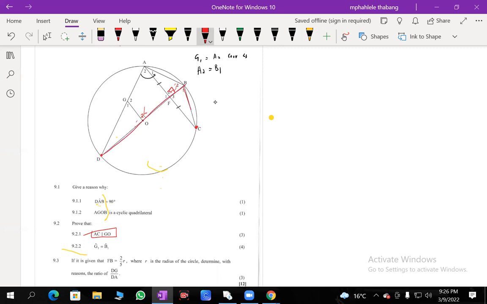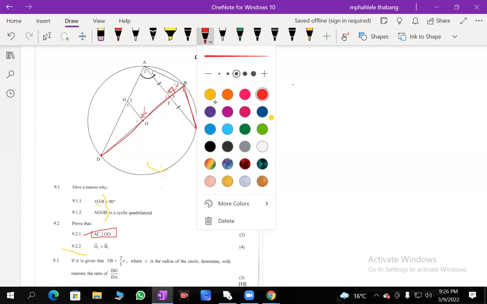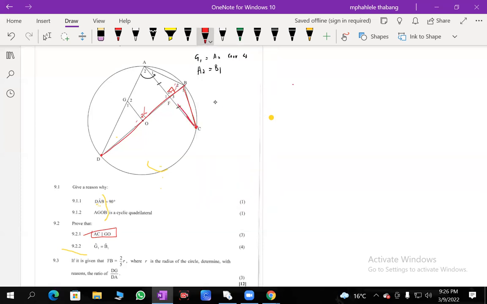A2 is equal to B1, angles in the same segment. Oh, you construct DC. Okay. Simple. Therefore G1 equals B1.